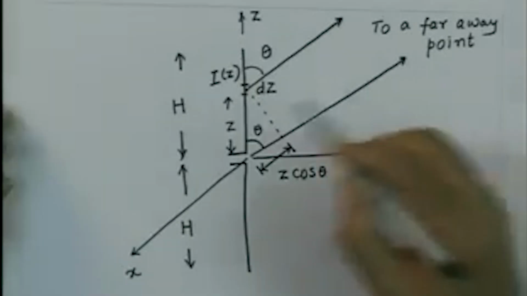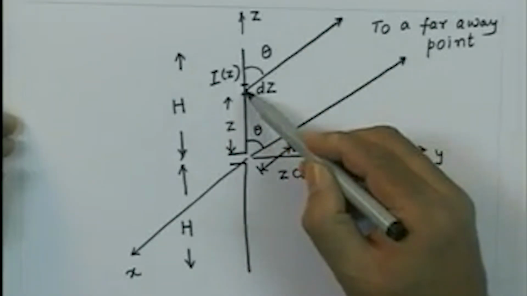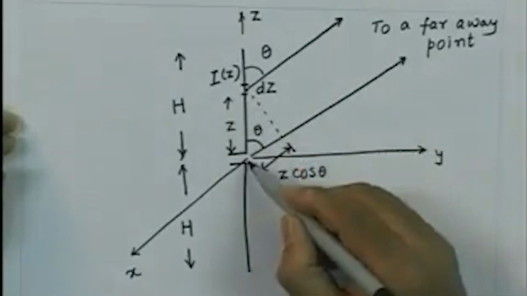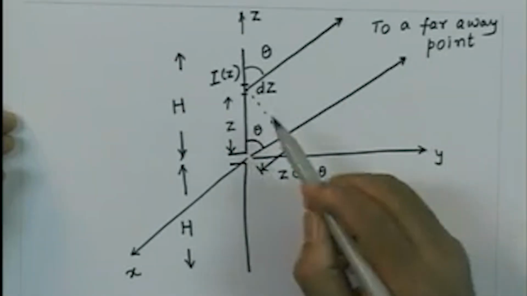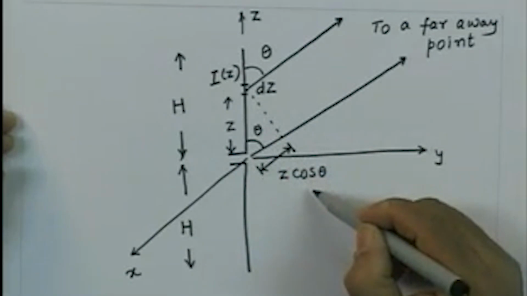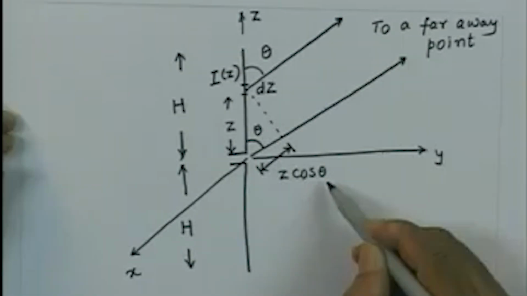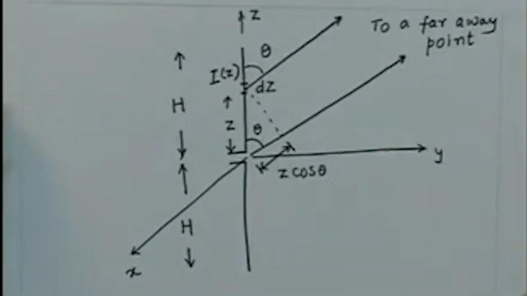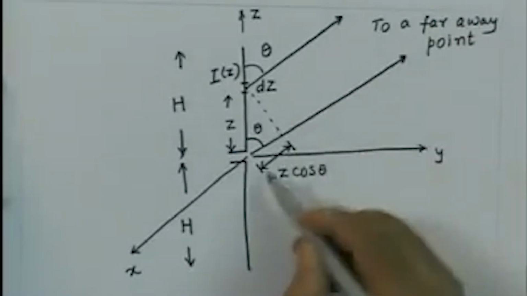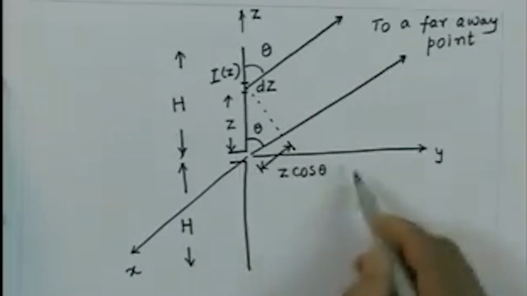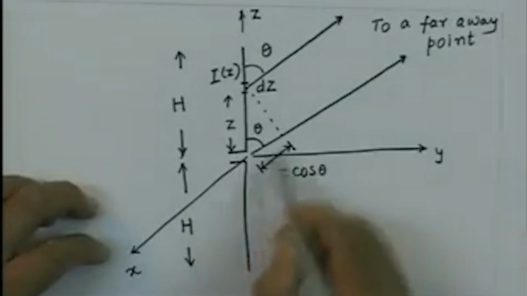What that means is that the radiation coming from this Hertz dipole, with respect to the center of the antenna, leads in phase corresponding to a distance z cos theta. So, while superposing the field, we have to put an additional phase corresponding to this distance.